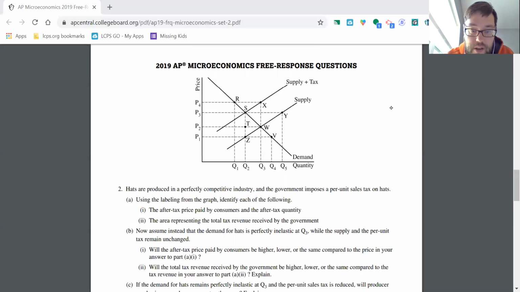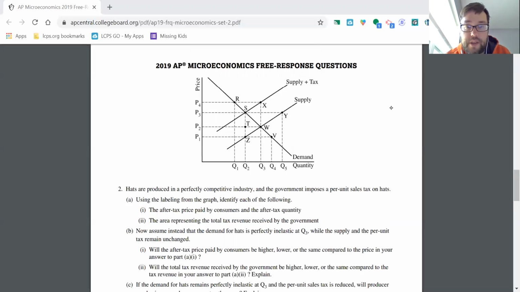And they do want an explanation, right? Because we're perfectly inelastic, quantity doesn't matter to price. Previously we were talking about Q2, so we know the quantity has increased. Q3 is greater than Q2.